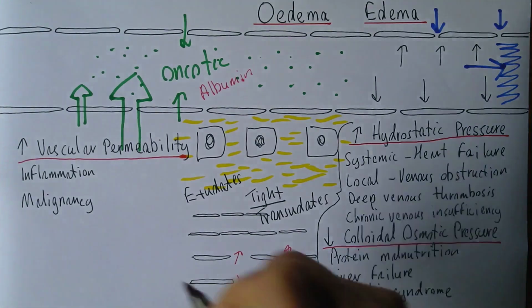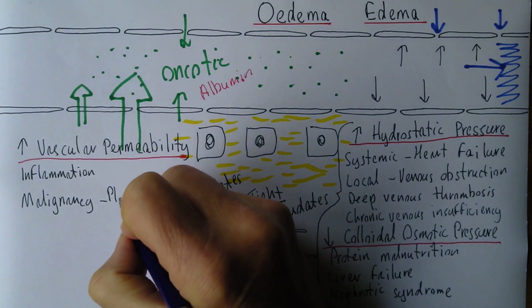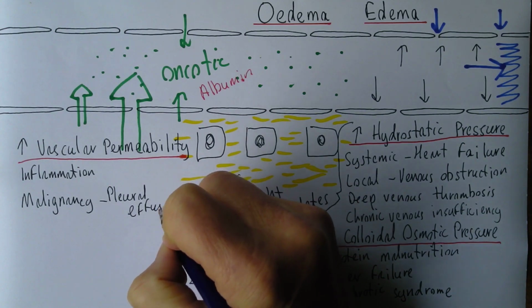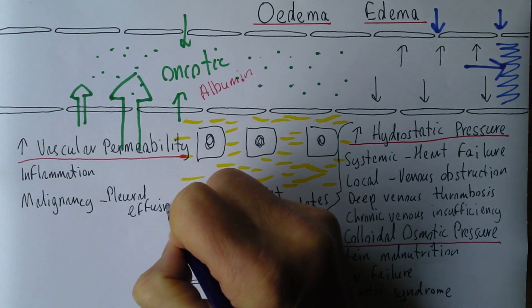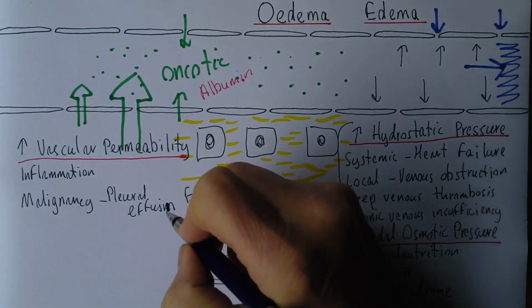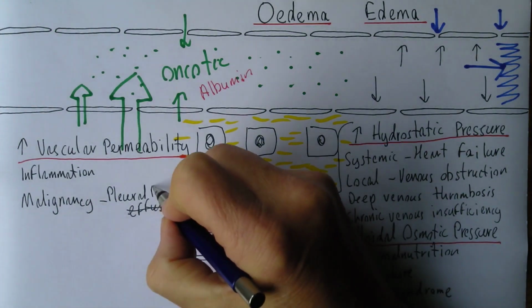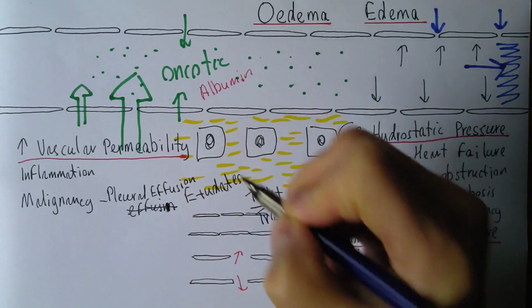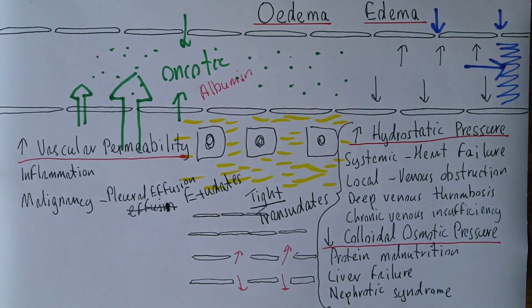So for example, you might get a pleural effusion, where you get exudate going into the pleural space, causing collapse of the lung.